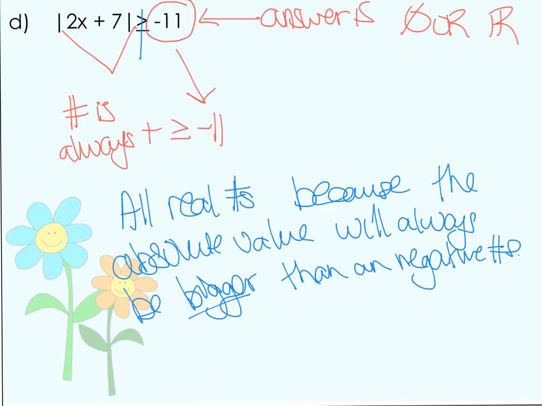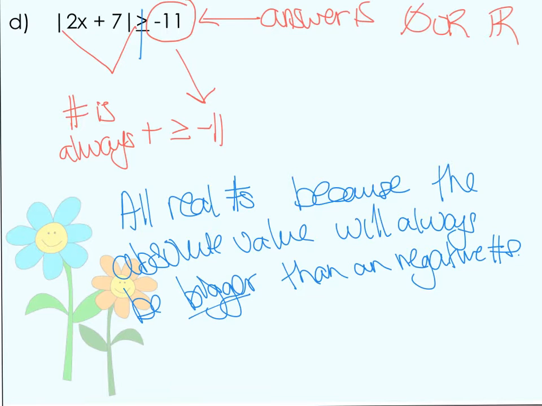So again, all real numbers, because the absolute value will always be bigger than a negative number. Unlike our other one, the absolute value could never be smaller than a negative number. So this one works because we can think of numbers to make that be true.